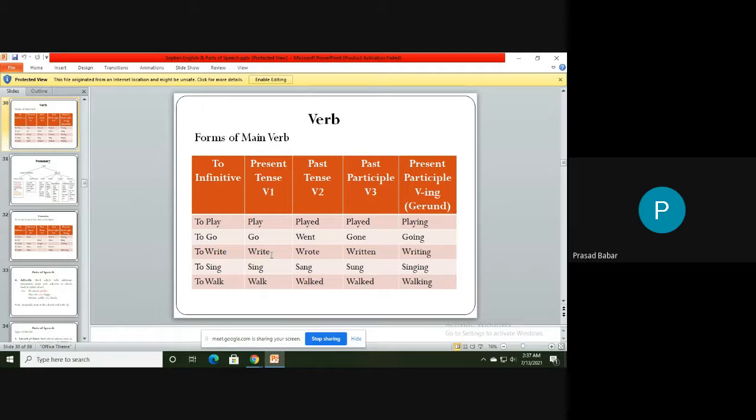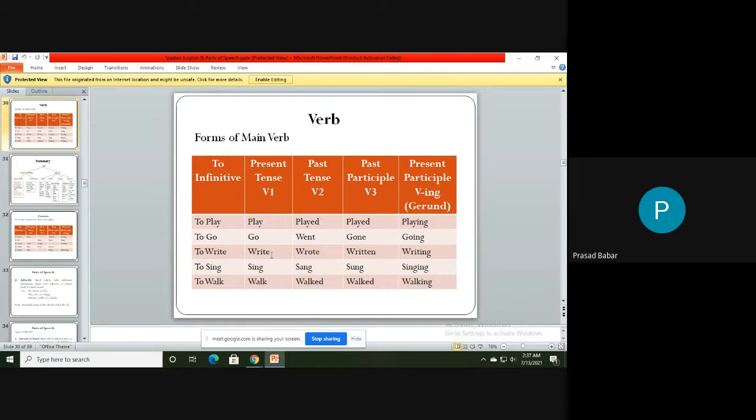In this slide, there are the forms of the main verbs which are presented. So forms of the main verb, there come 5 forms of the verb.